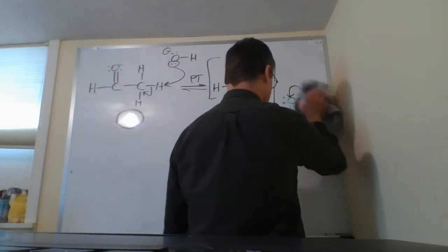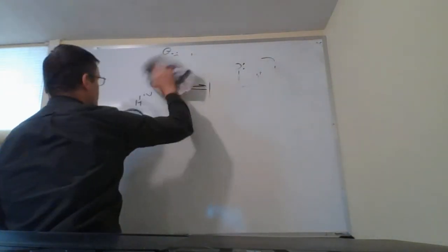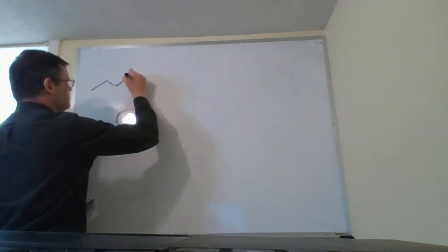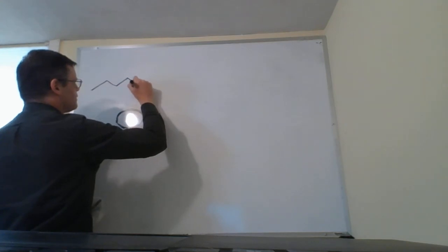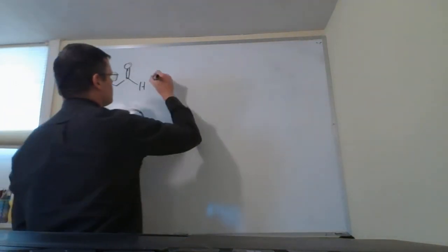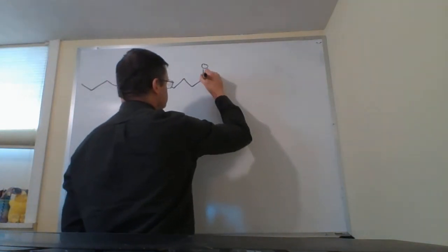So let me give you another example of the base catalyzed aldol reaction. This one I'm going to do a little more in line notation. I'm going to do a bigger molecule, but not too big. I'm going to do an aldehyde with 5 carbons, 1, 2, 3, 4, 5, and we're going to do 2 of that same molecule.